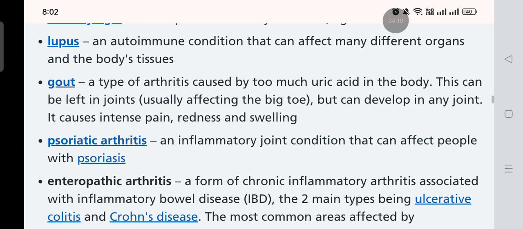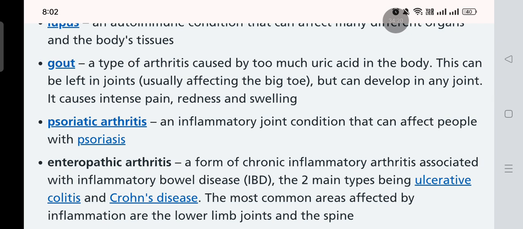Gout, a type of arthritis caused by too much uric acid in the body. This can be left in joints, usually affecting the big toe, but can develop in any joint.